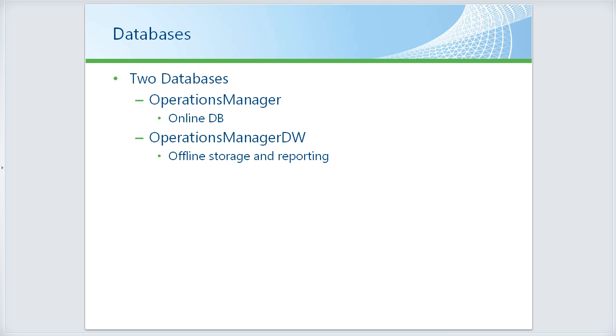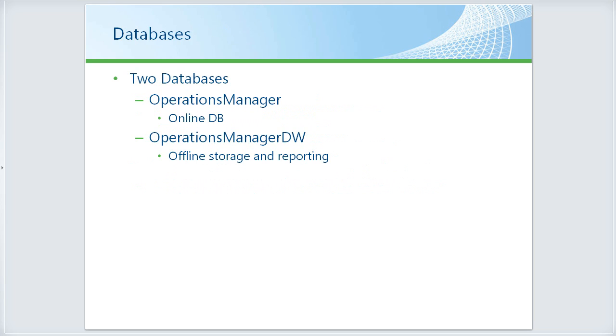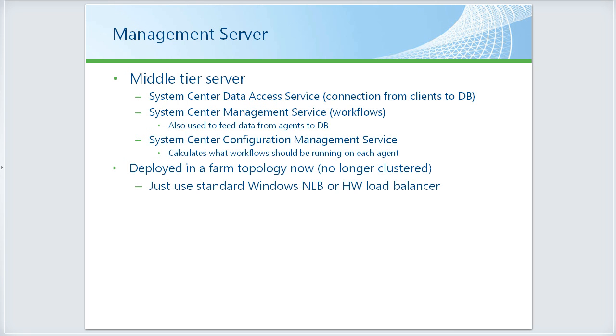It's also the database that all of the reports run off, so that executing those reports doesn't impact the performance of the online database. Now, you could deploy these two databases on separate SQL servers, and that would be good for very large deployments. In this particular deployment, we'll be deploying them on a single SQL Server instance.